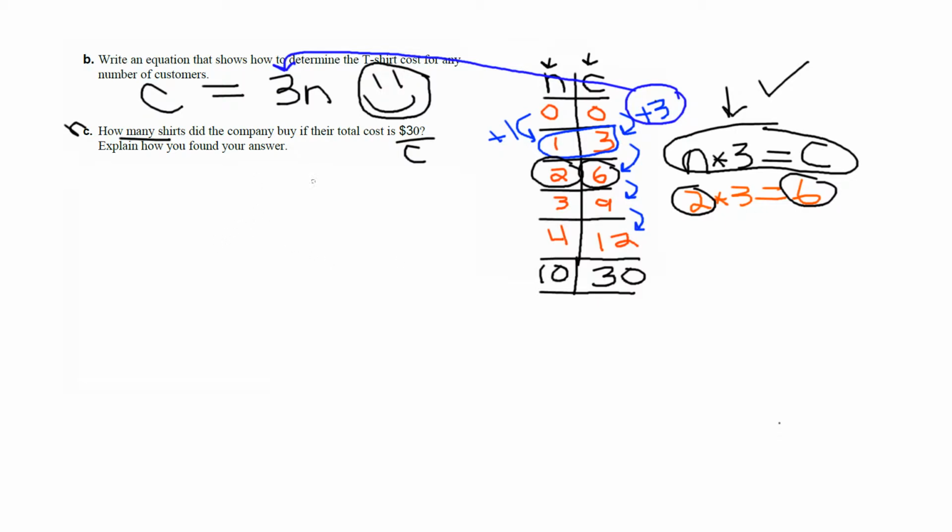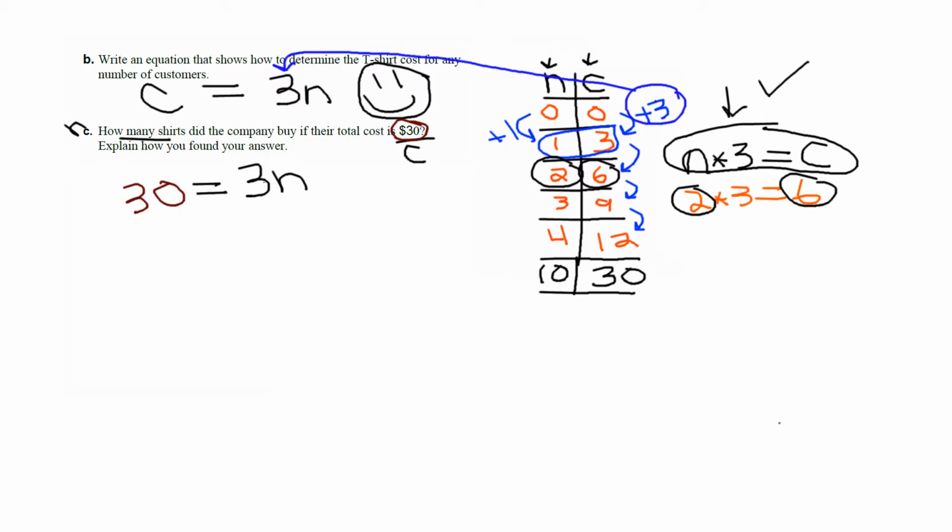I'm going to show you one more way of doing this, and that is that we could take this 30 here. I'm not going to use that color because that was the color that we used for our unit rate. I will use this other color, this 30, and we could substitute it in for C. Instead of writing C equals 3N, we're going to write 30 equals 3N.